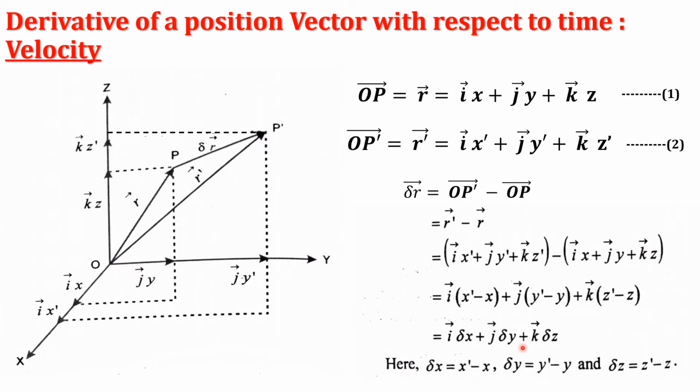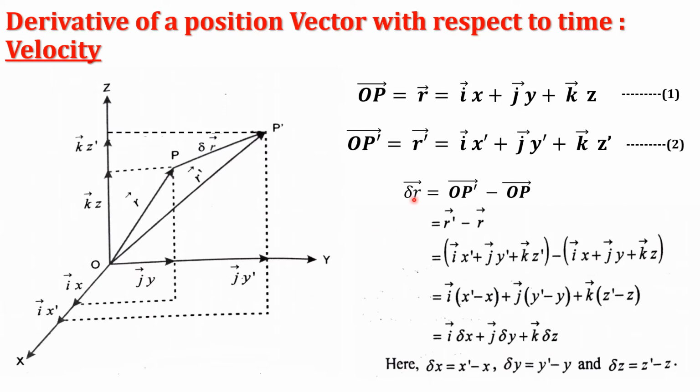Similarly, y dash minus y is delta y, and z dash minus z is delta z. Therefore, vector delta r equals i delta x plus j delta y plus k delta z, and that is the vector delta r in terms of the unit vectors i, j, k.